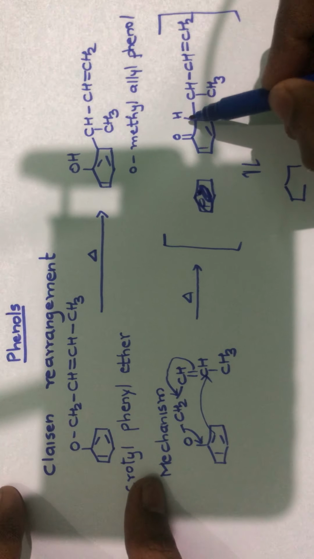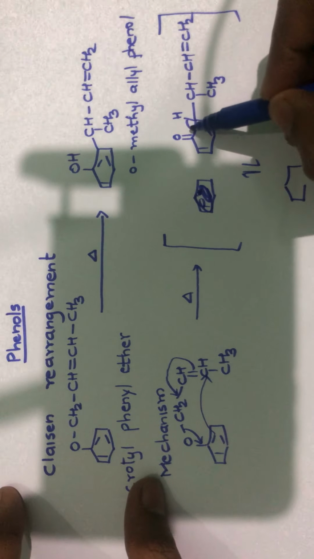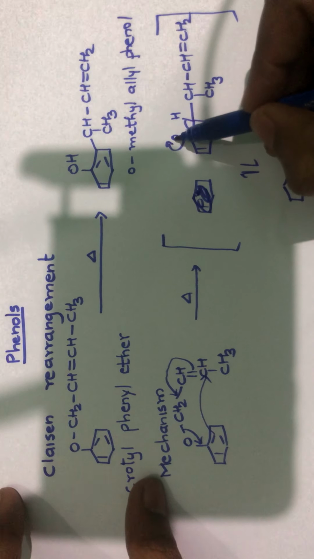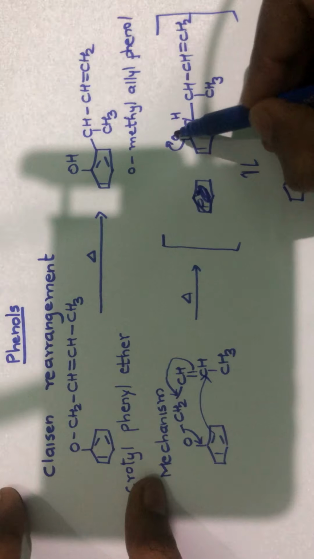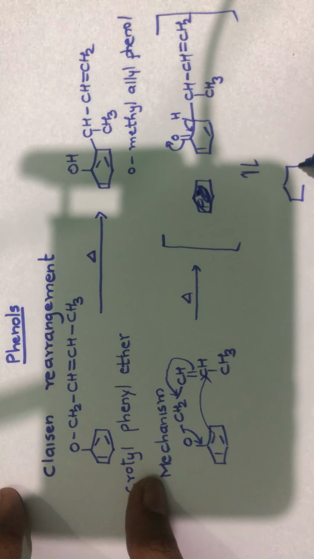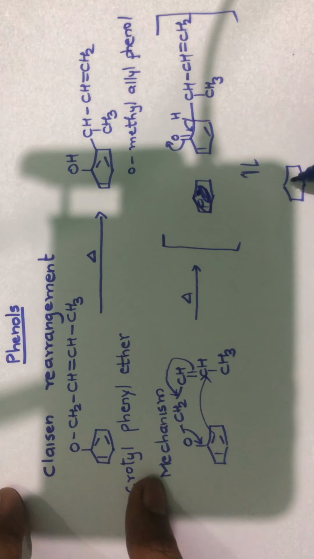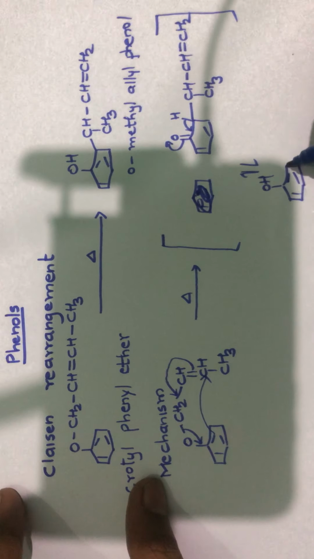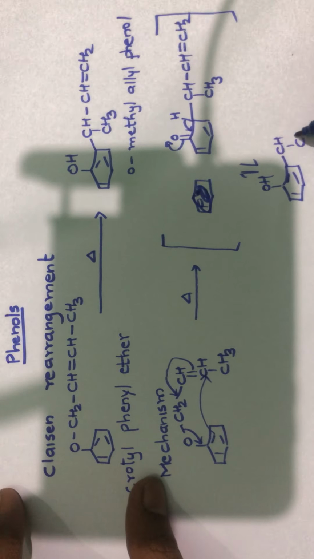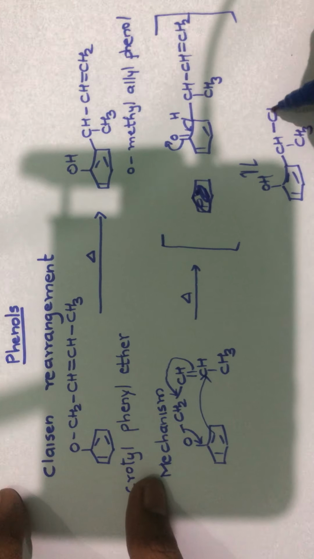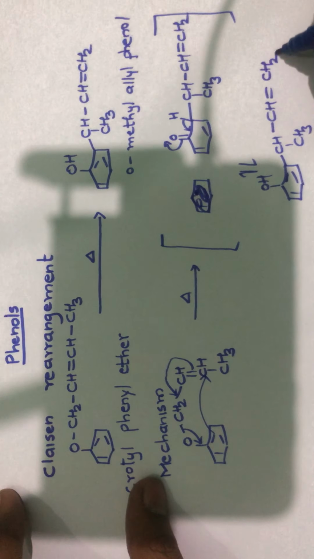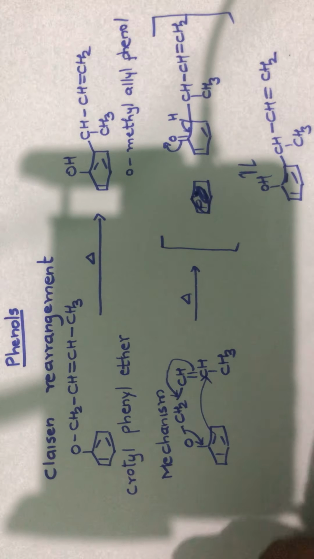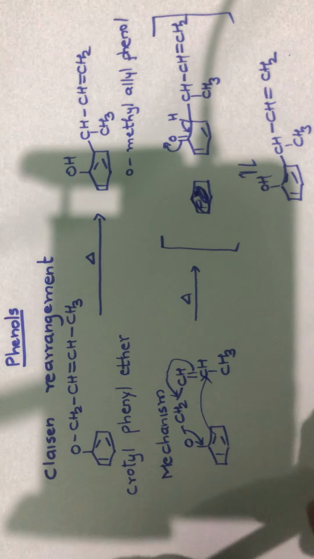So then the loss of a hydrogen proton takes place here. This H goes here, double bond O becomes O minus. The H plus that is lost here moves here. The electron moves here, so you get a double bond here. Then OH, CH, CH3, CH double bond CH2. This is what you get. This is the Claisen rearrangement.